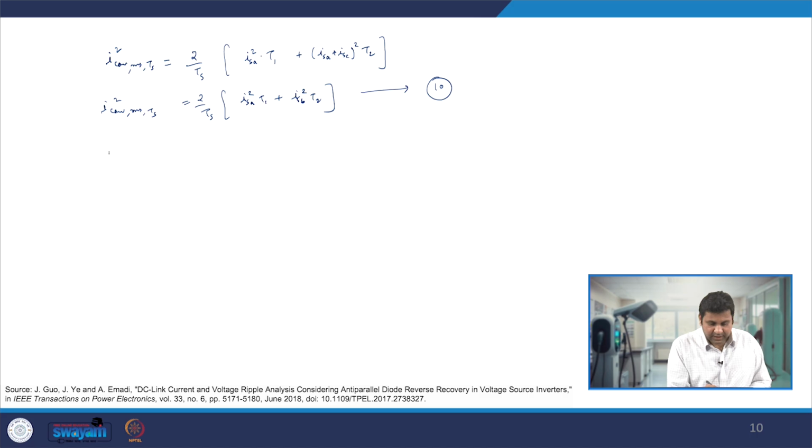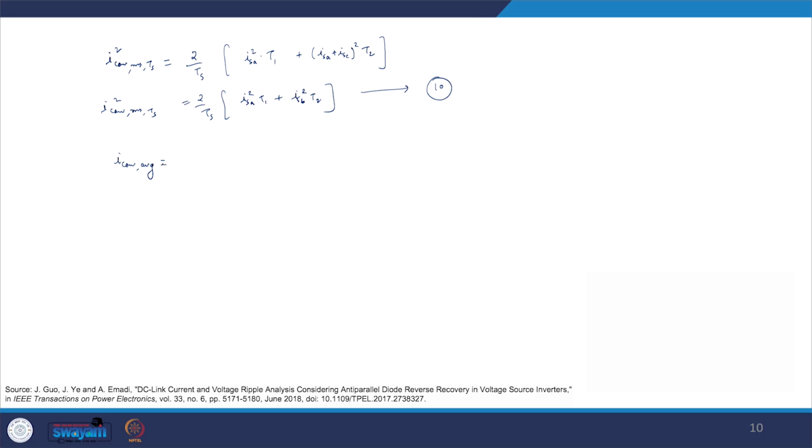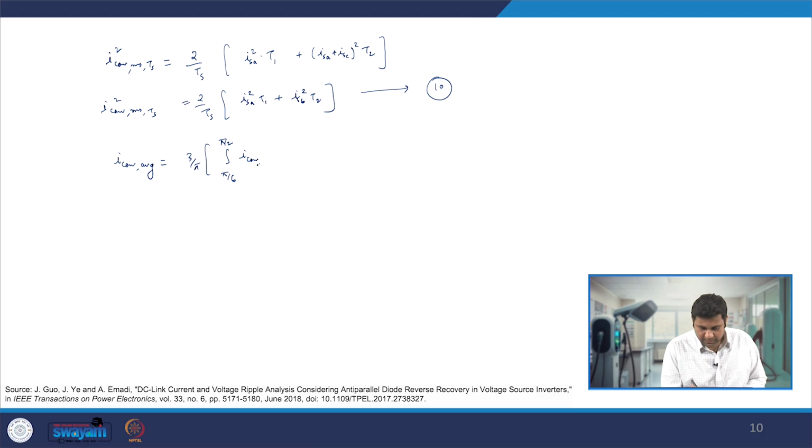So in that case we can now calculate I converter average. We can find out for 60 degrees, pi by 3, going from pi by 6 to pi by 2, and since here we are trying to find the average, whatever I converter average over Ts duration we will find, and since it is in angles, this is d omega t.